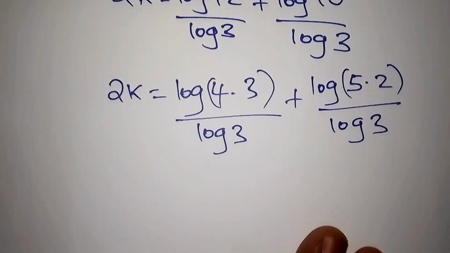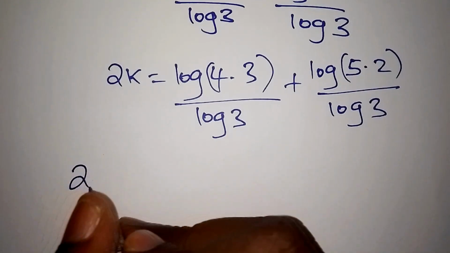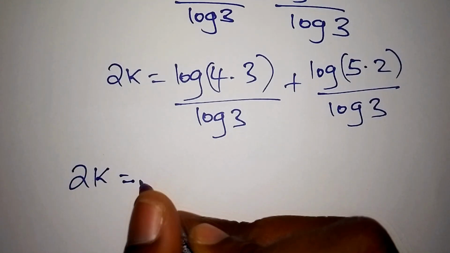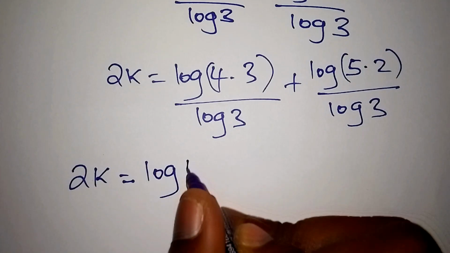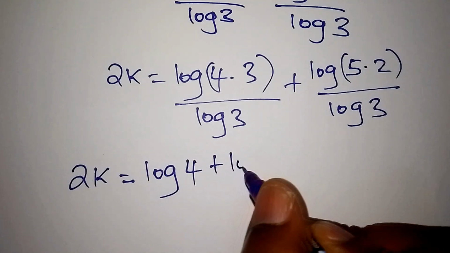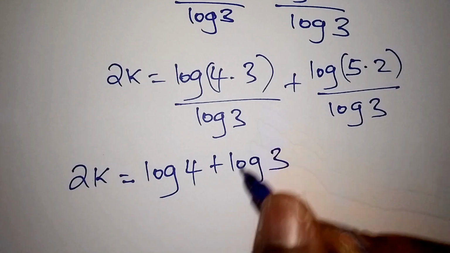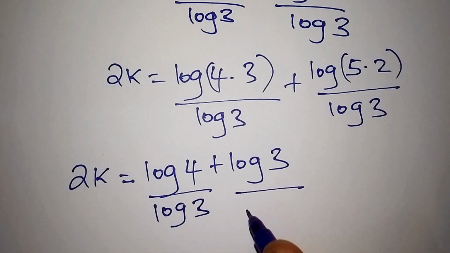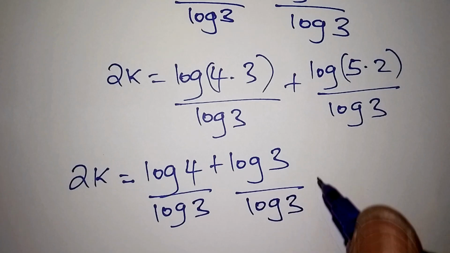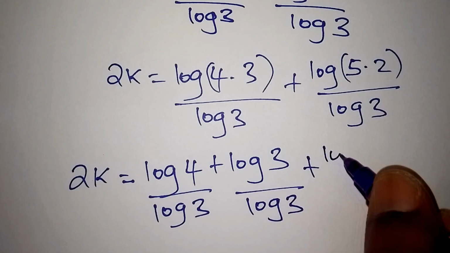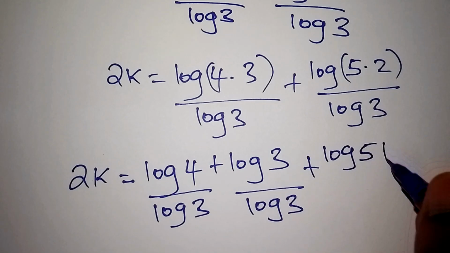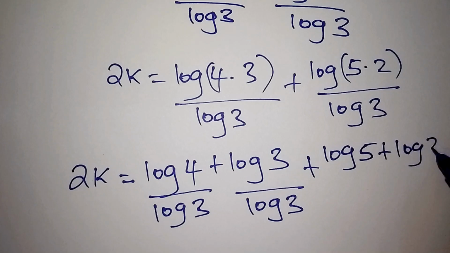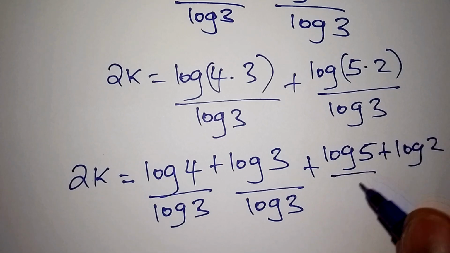Next, 2k equals the log of 4 plus the log of 3, all over the log of 3, plus the log of 5 plus the log of 2, all over the log of 3.